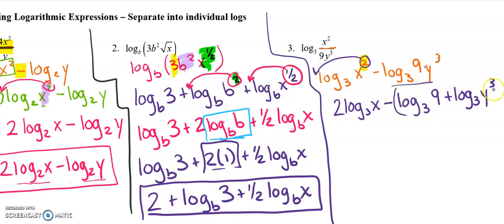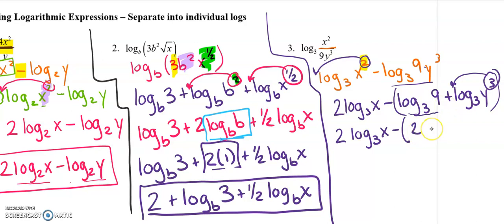So I need parentheses here because it's minus everything after that. Now we've got this 3 that needs to be dropped out front. So we've got 2 log base 3 of x minus parentheses, log base 3 of 9. 3 to what power is 9? That's just 2 plus, drop the 3 out front, 3 log base 3 of y.